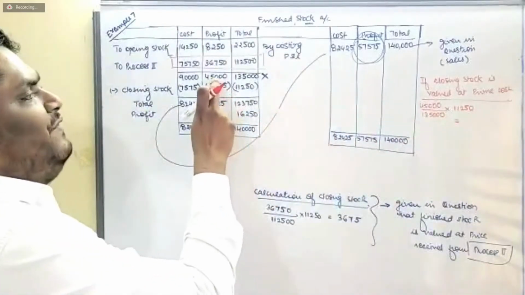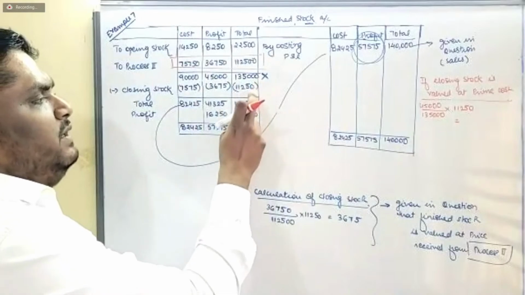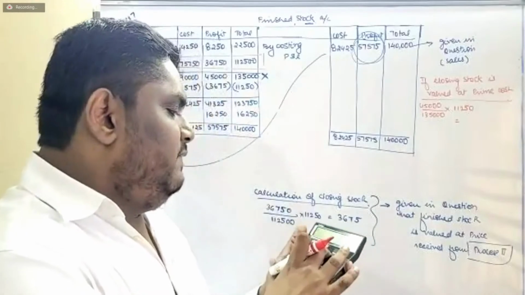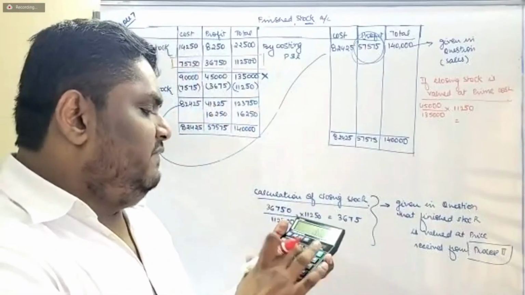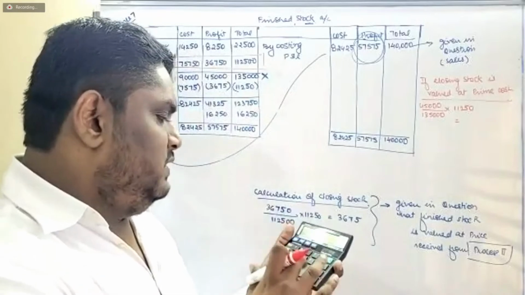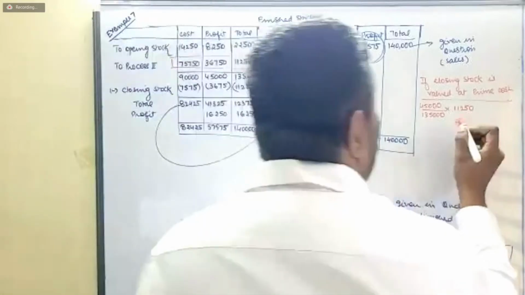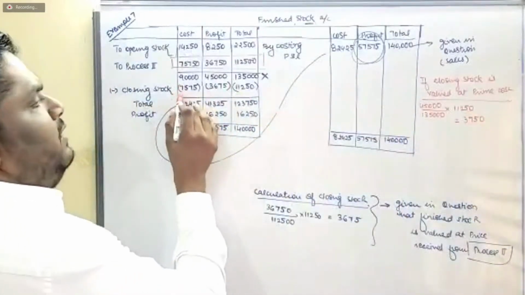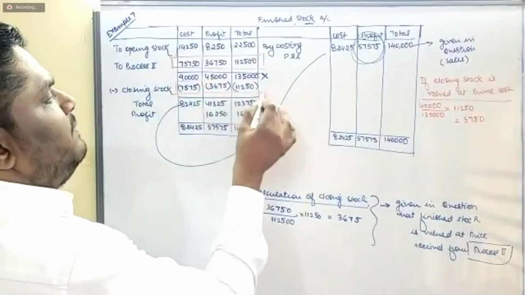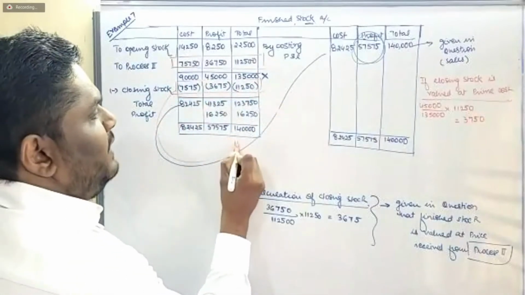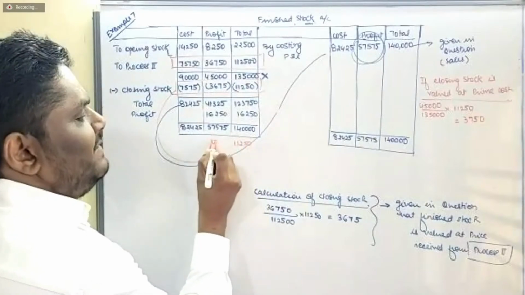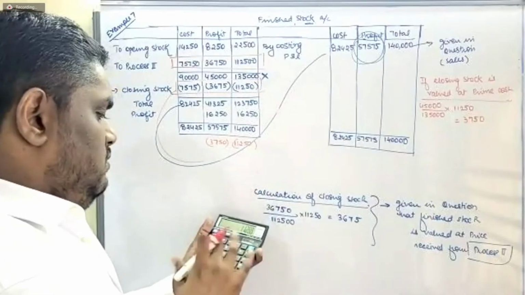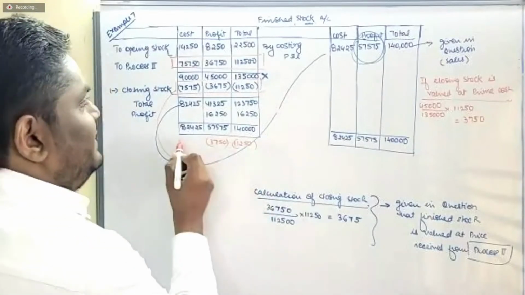I repeat again, 45,000 is the profit on 1,35,000. So how much will be the profit on 11,250? 45,000 divided by 1,35,000 into 11,250. So this will be 3,750. So instead of these three figures, we'll be writing 11,250, 3,750, and 7,500.